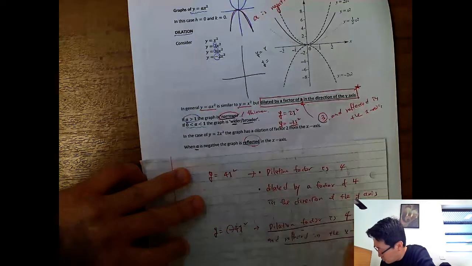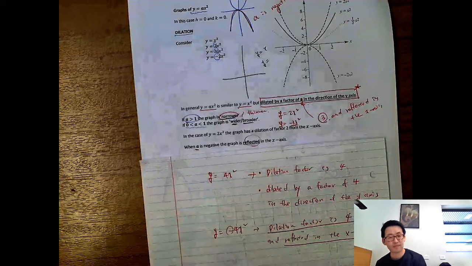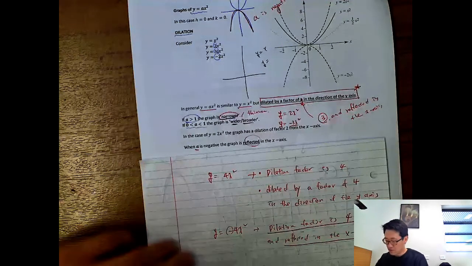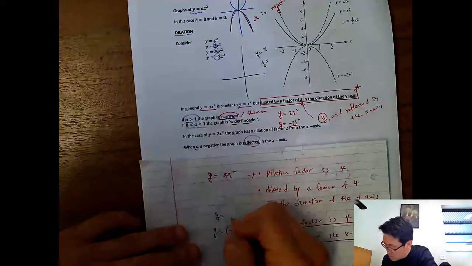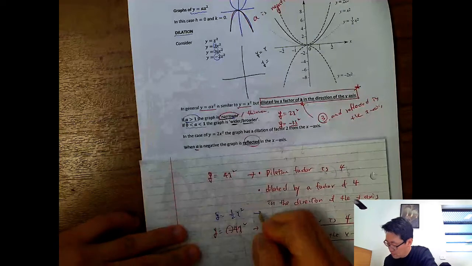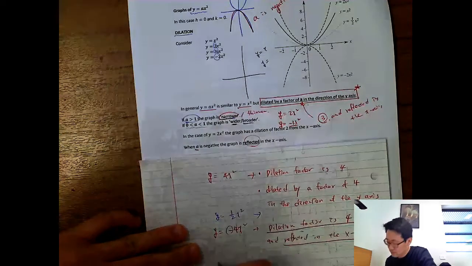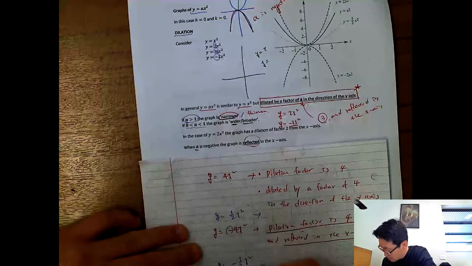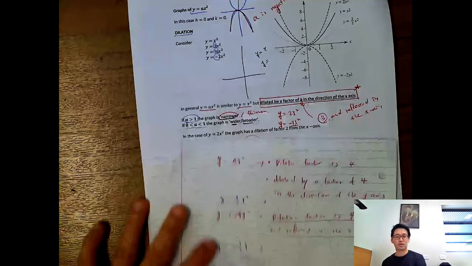You need to write down both. Good? So can you do this one? Y equals 2x squared. Can you express that? Y equals minus half x squared as well. Can you express it?